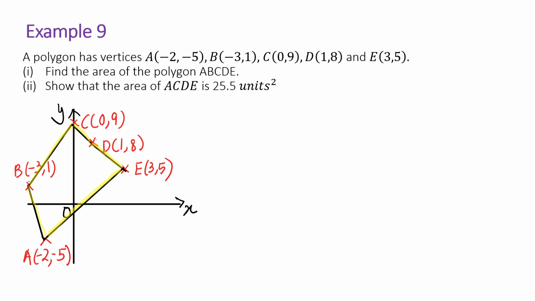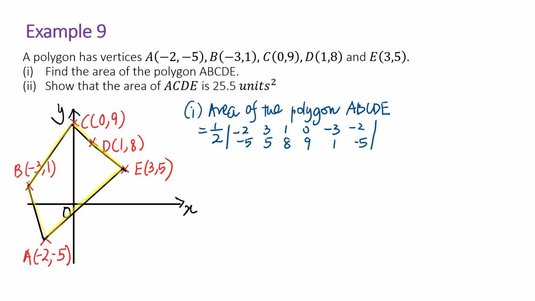All right, okay, so what do we do? Yes, let's arrange them. So I start with point A. All right, you take it in the anti-clockwise direction. So start with point A, which is -2, -5. Not to forget, the half must always be there. Some students forget about the half there.